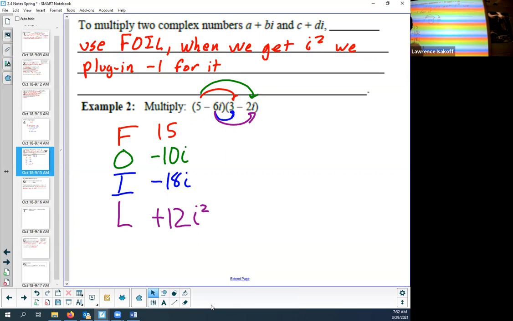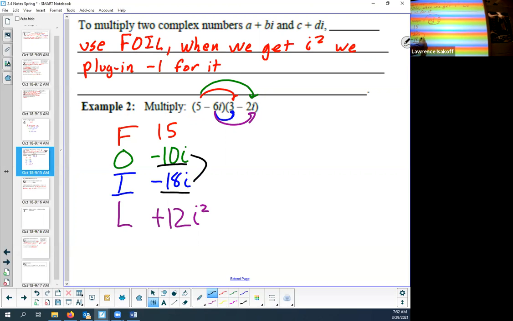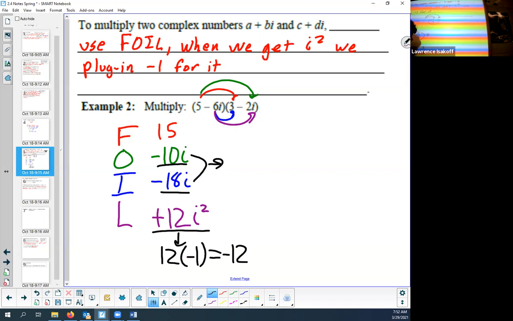So here with this, these are like terms. We can combine those. And this actually becomes 12 times -1, meaning this is actually -12 back here.